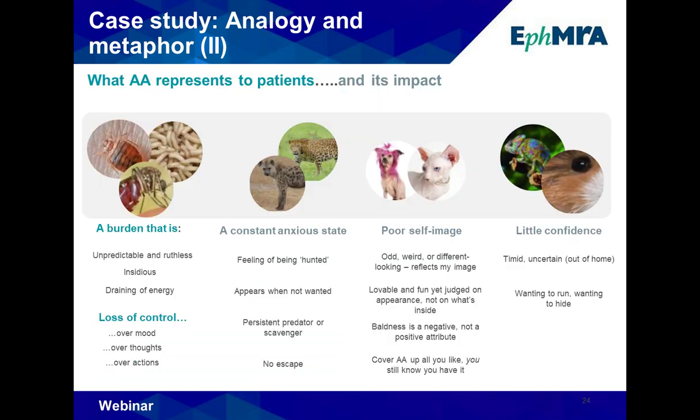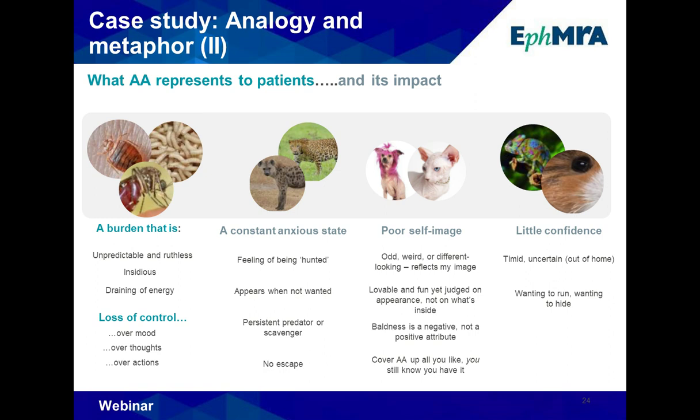So this is the output of this exercise here, looking at what AA represents to patients and its impact. So for patients, each represents a burden, and you can see all of these creepy crawly images and the loss of control. And the impact on the patient's emotional journey is a constant anxious state, and you can see here the predator images.